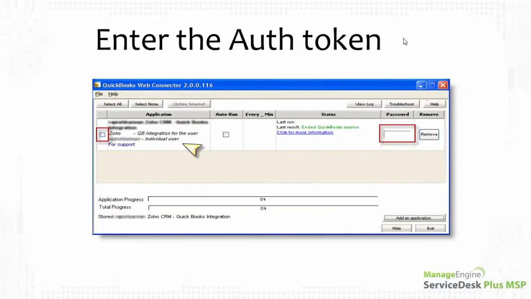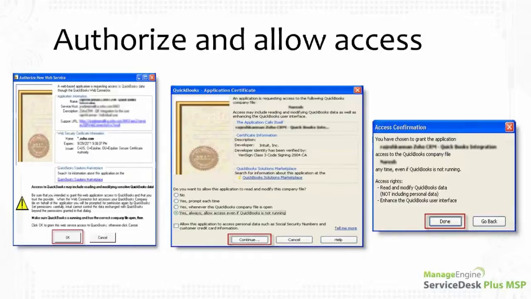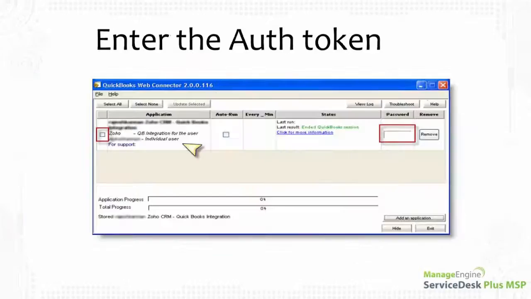Okay, you can proceed with the QB integration. Okay, and then once you click continue here, it will last ask you for the access confirmation, which you have to click OK. I mean done, and then it gives you a window listing how many QWC files you have generated till now. It will list all those particular applications here.